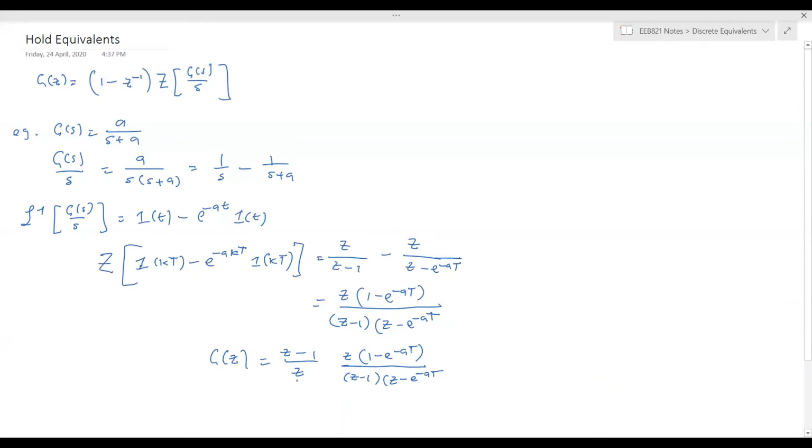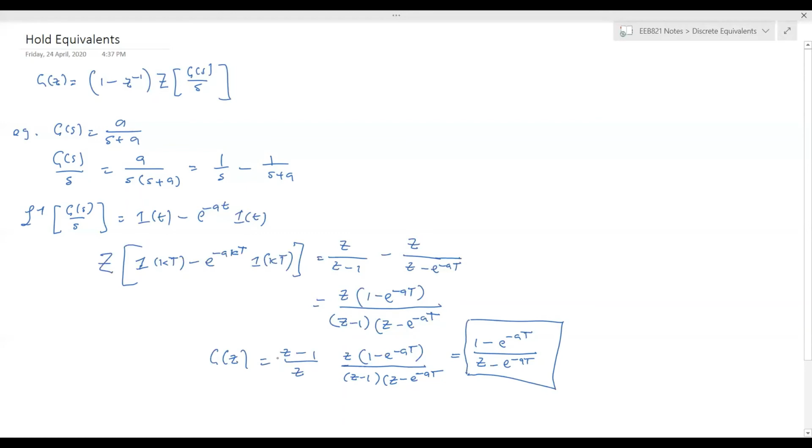After we simplify, what we get is (1 minus e to the power minus a T) divided by (z minus e to the power minus a T).